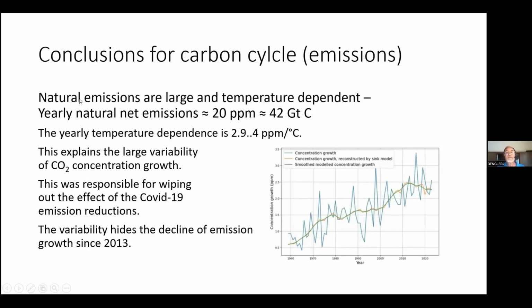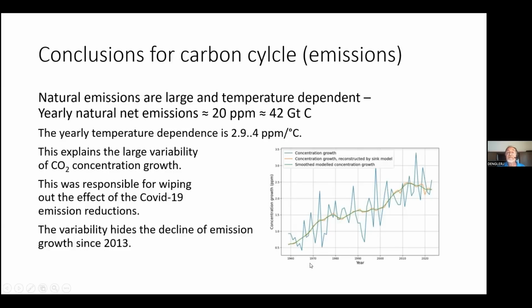And as long as temperature and CO2 concentration is correlated, the linear model gives us the same results as the temperature-dependent model. And one more conclusion: we now know that the yearly temperature dependence is 2.9 to 4 ppm per degree centigrade.